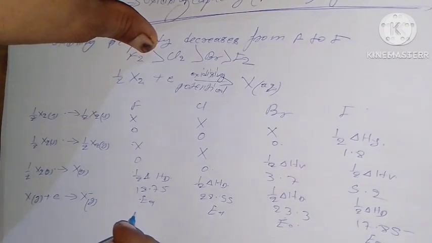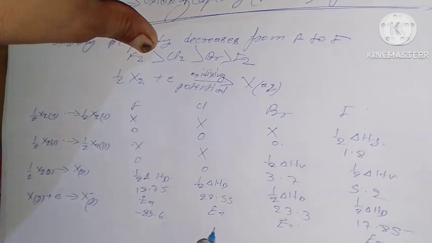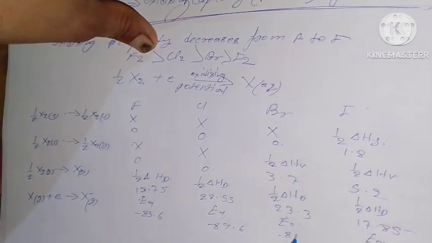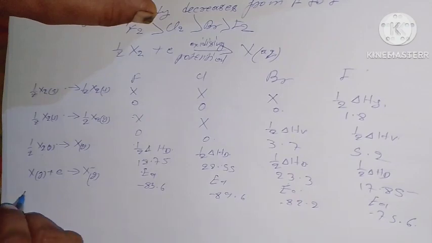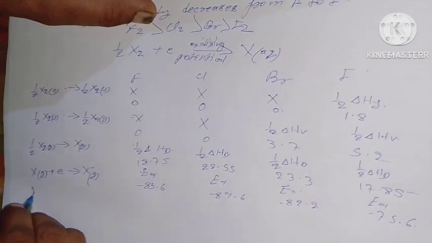The values of electron affinity are minus 83.6, minus 89.6, minus 82.2 and minus 75.6.